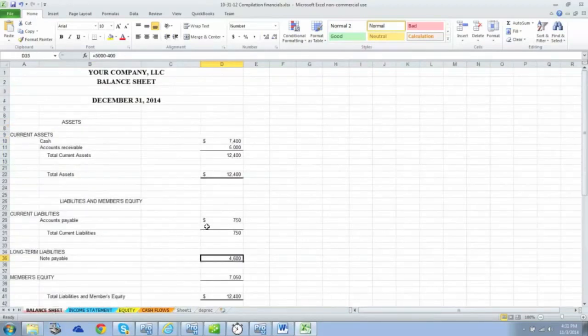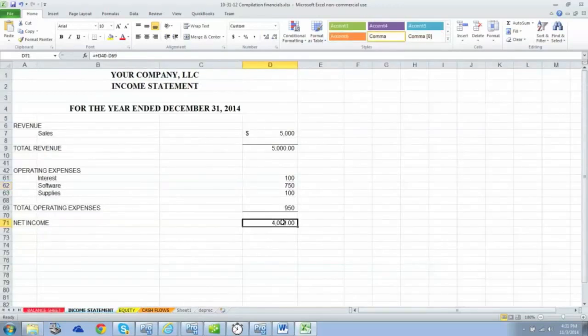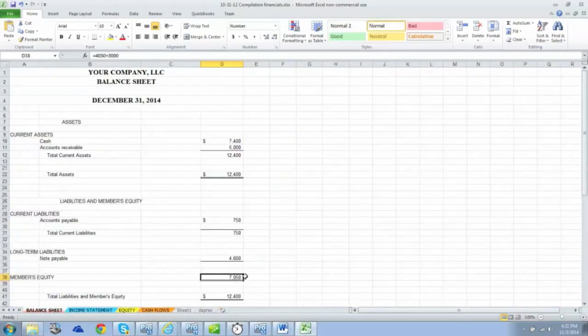So the $5,000 minus the $400 payment has a balance of $4,600, and the member's equity is the $3,000 that you put in plus the net income that you're showing. The net income is $4,050. So this $4,050 flows through to your balance sheet right here, and now your balance sheet is in balance.